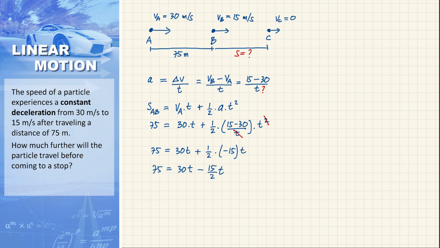This becomes 45 divided by 2 times t. We can calculate it, and we get t is 10 divided by 3 seconds.